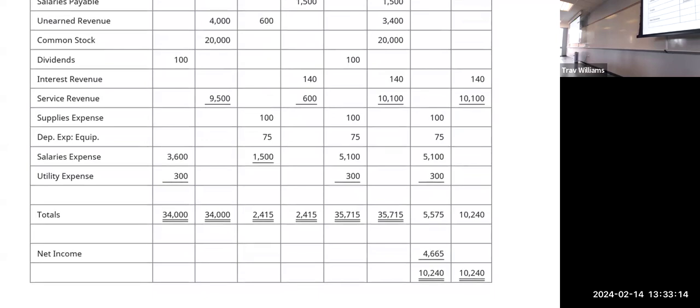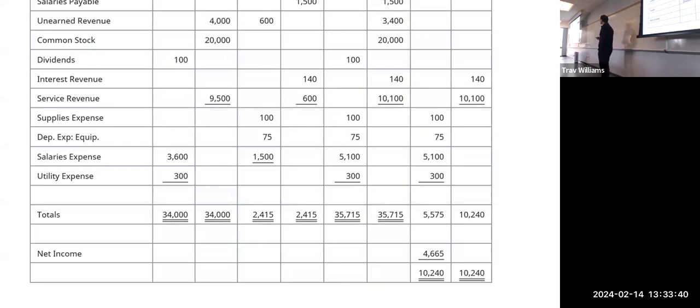Remember, the company had two types of revenue. They had their service revenue and they had their interest revenue. And then these are their four different expenses. You add up all the revenue, subtract the expenses, we get their net income. And then you see we balance.